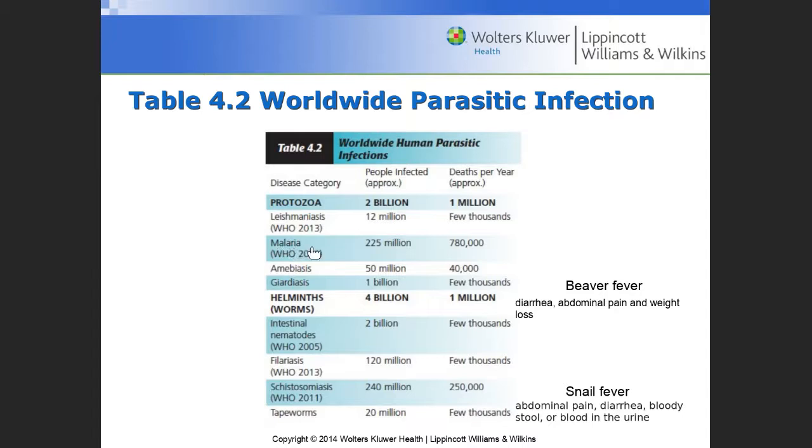Malaria now is particularly notable: you can see here nearly a quarter billion people are infected with Plasmodium falciparum, which causes malaria, but not nearly as many deaths from that. That's because there are drugs you can use to treat malaria, and to some extent, malaria can be vaccinated against for Plasmodium falciparum, but it doesn't work too well.